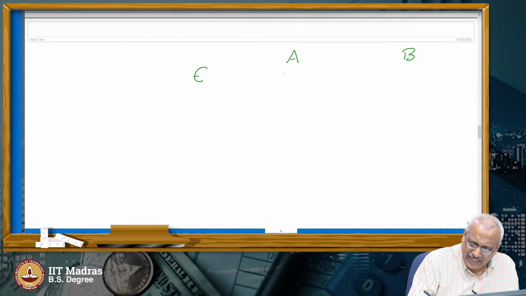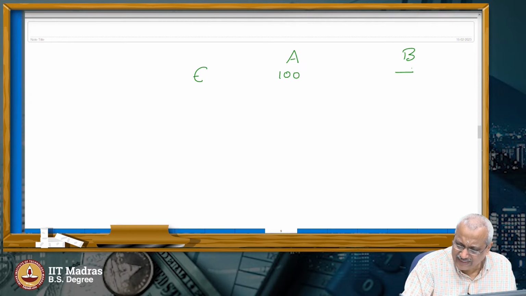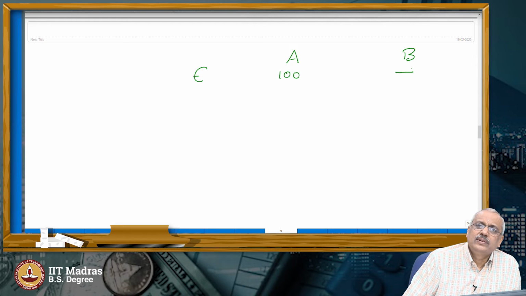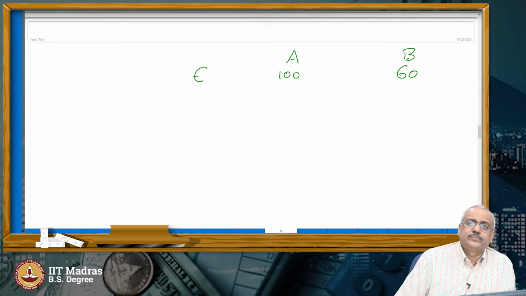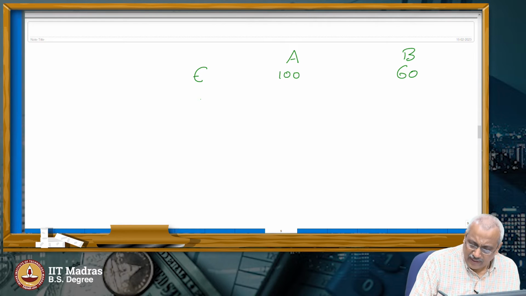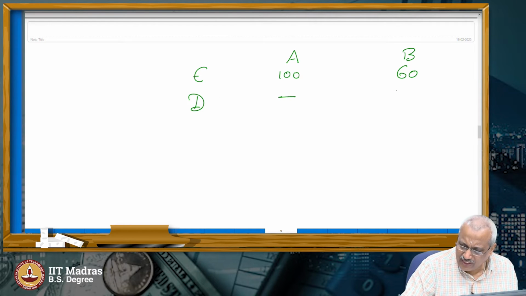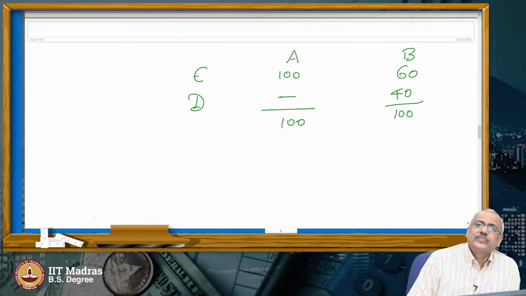Firm A has an equity of $100, firm B has $60 equity, extremely sorry. The debt in firm A is 0, the debt in firm B is 100. And I will say the debt is at 10%.